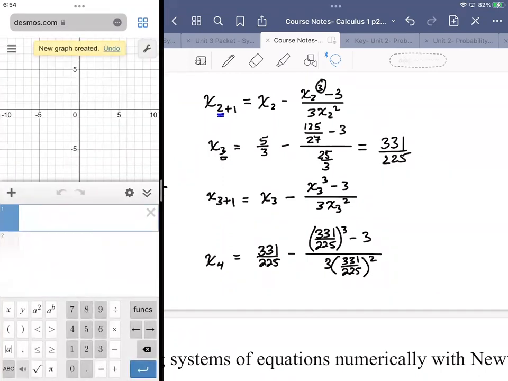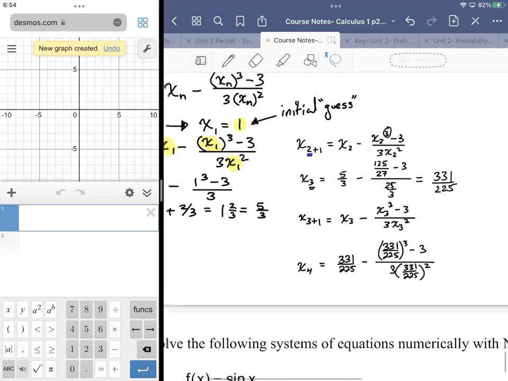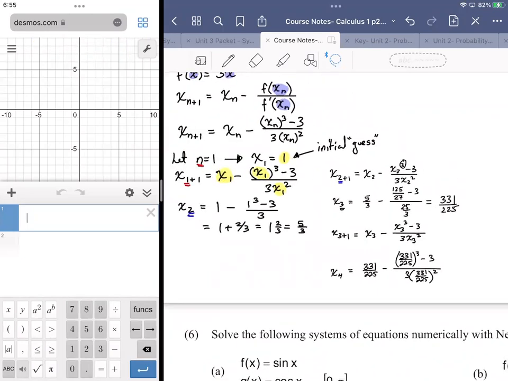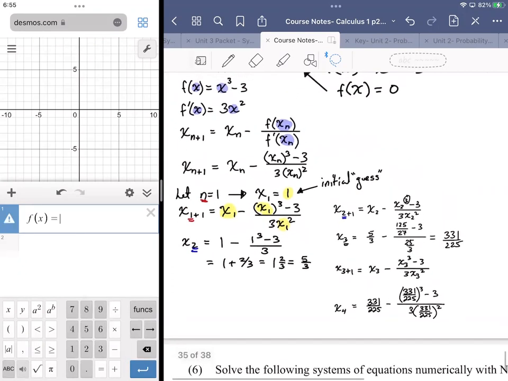So let me open a new graph here, because again, we don't want to do all this. So we had our original function, f of x. We typed that in. That was originally x cubed minus 3.